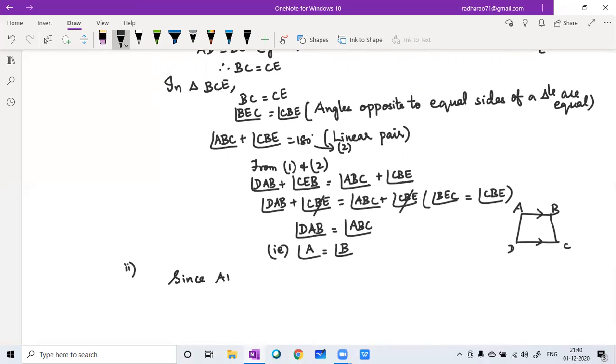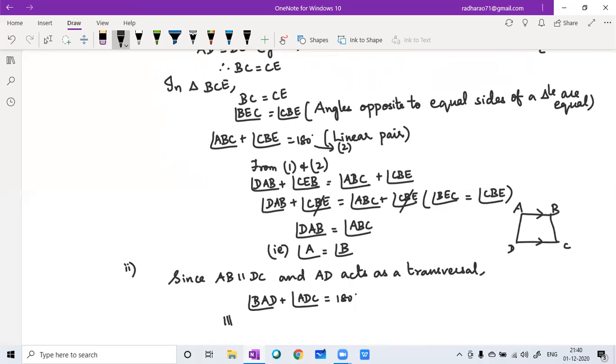Since AB is parallel to DC and AD acts as a transversal, I can say angle BAD plus angle ADC is equal to 180.